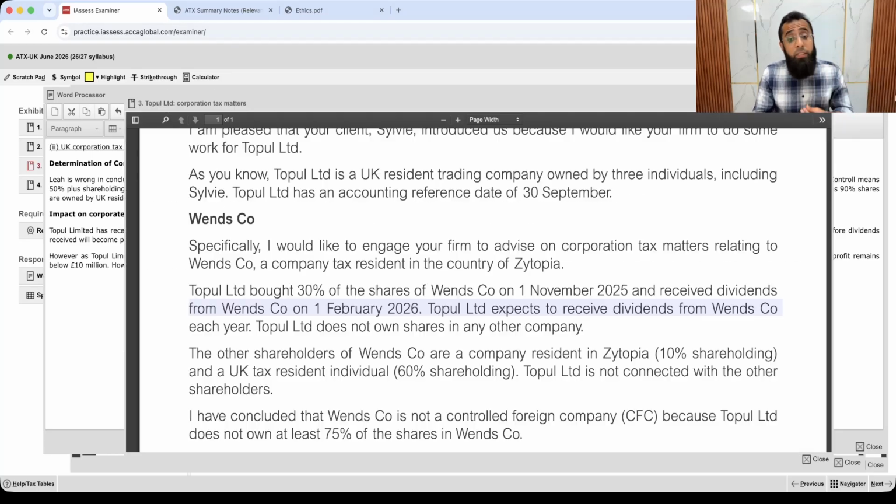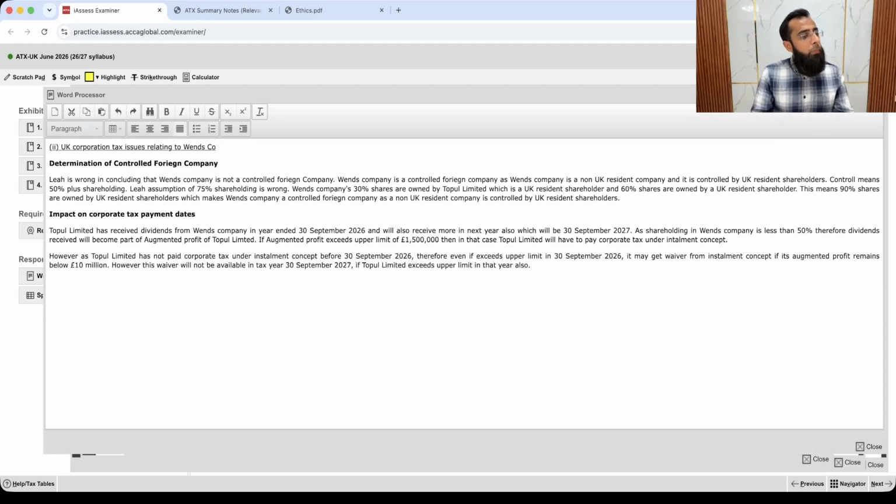See, currently we simply don't know how much dividend is coming. We don't know what Topul Limited's profit is. Maybe a 10,000 dividend is coming and our profit is only 50,000, so we are far below the limit. Further information required includes existing taxable profits of Topul Limited for 30th September 2026 and 30th September 2027.